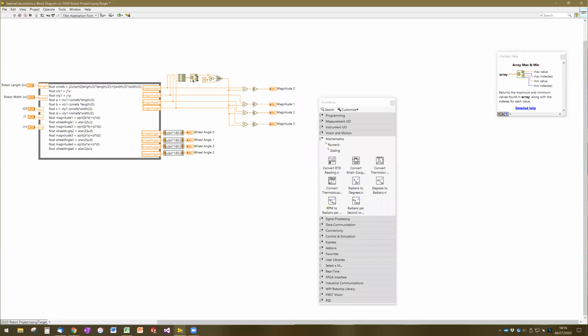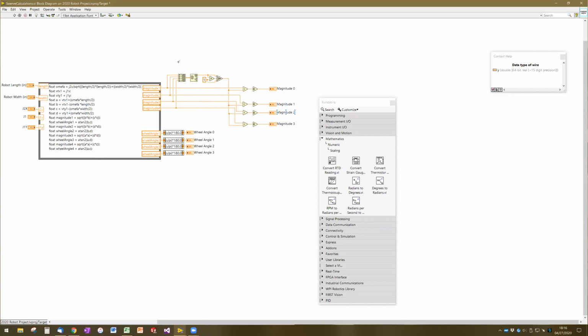So it's just an easy way to find the largest value out of all 4 of the wheel powers. And there's just a check to see if any of the powers are greater than 1. And if they are greater than 1, we divide all of the wheel magnitudes by that larger value to rescale the motor powers.